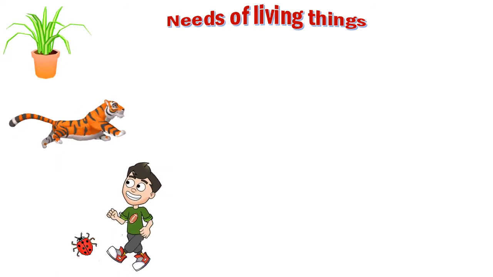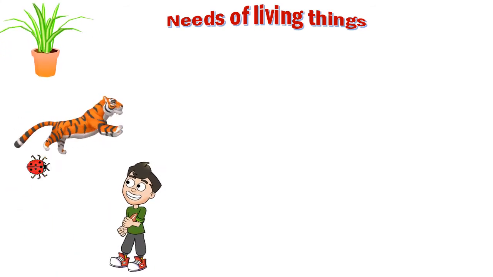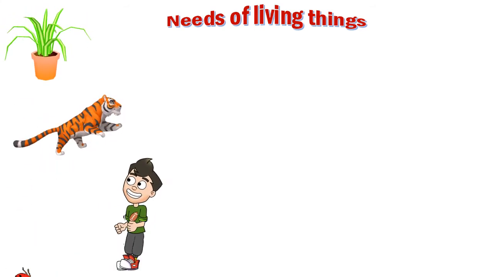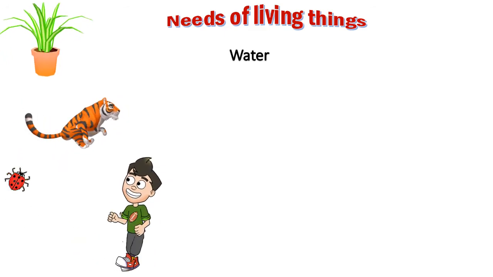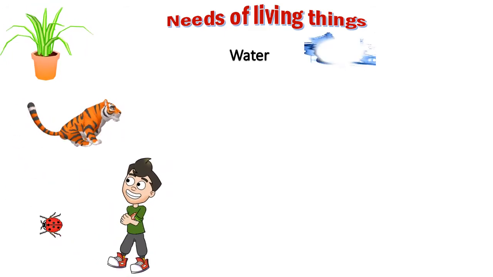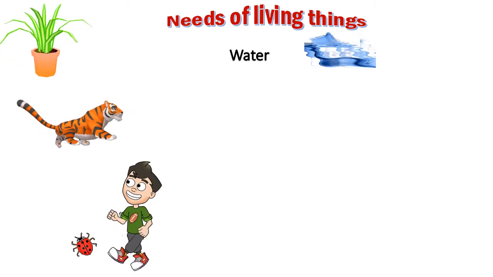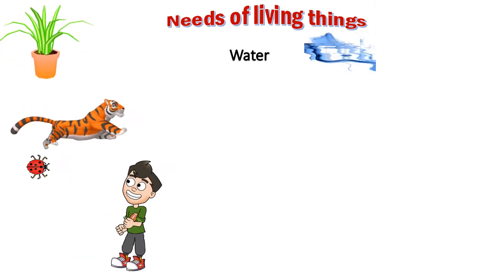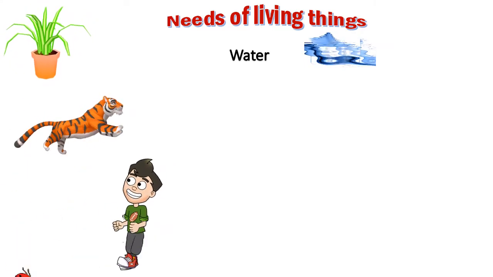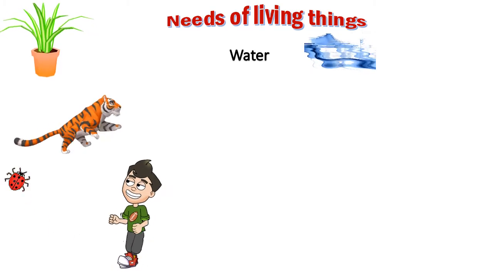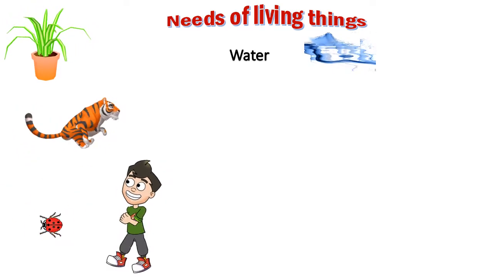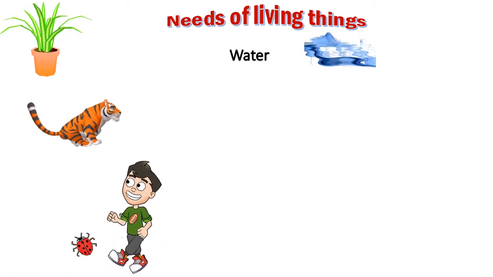So these are living things. So let's start with the first need of living things, which is water. Humans and animals need fresh water to survive. Plants also need water too, where they take in water through their roots.